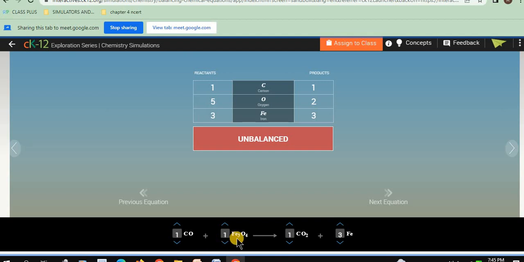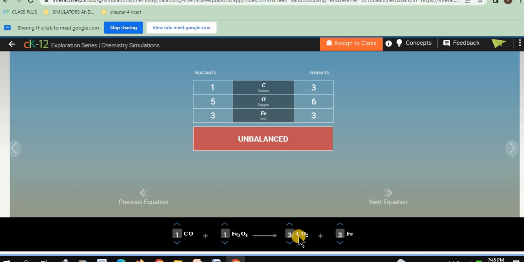Right? Now, how many carbon on the left hand side? 1. Right hand side also 1. How many oxygen total? 5. So then, what should we do? We can make it 6. Multiply by 3, 6 we can make. Yes, sir.